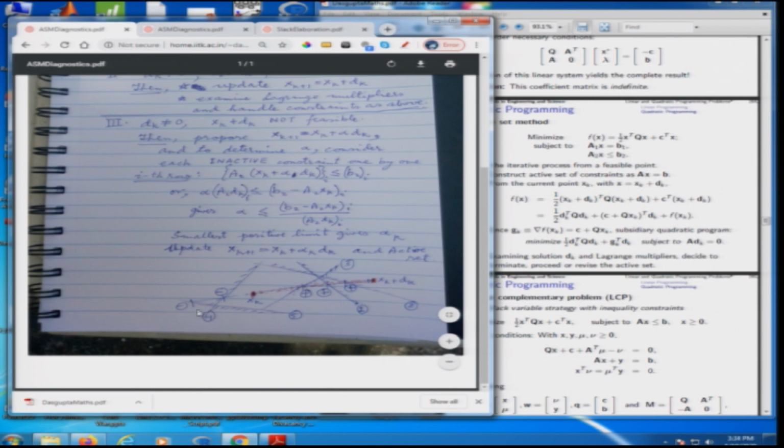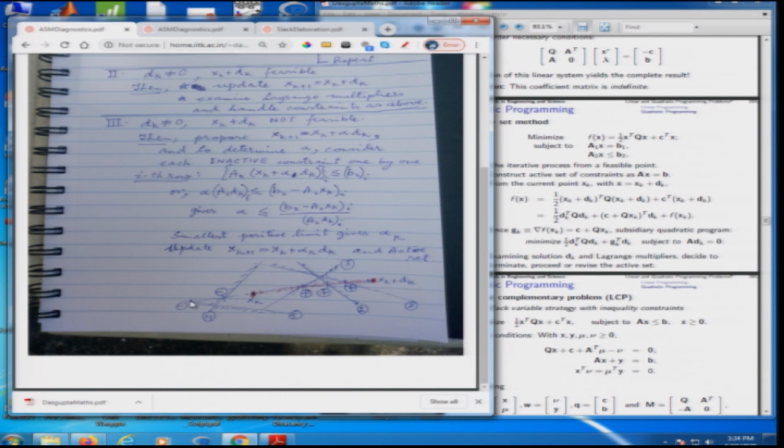So, the fourth and fifth are not bothering you, because one is cutting here behind, another is cutting here behind. So, this is how you make the cutoff and take that as the next point and recalculate the active set there, because the one which defined the cutoff will now become active. So, this is how you operate the active set method.